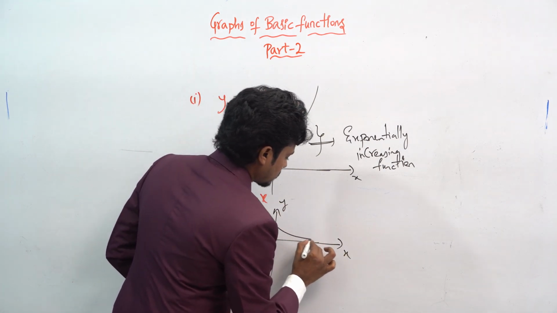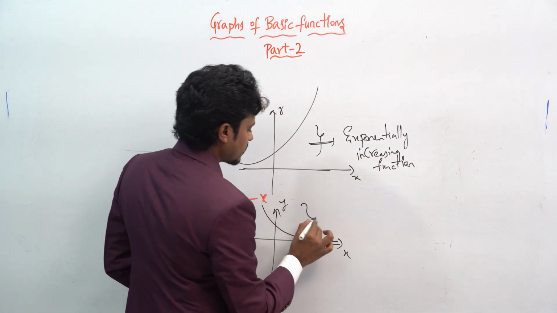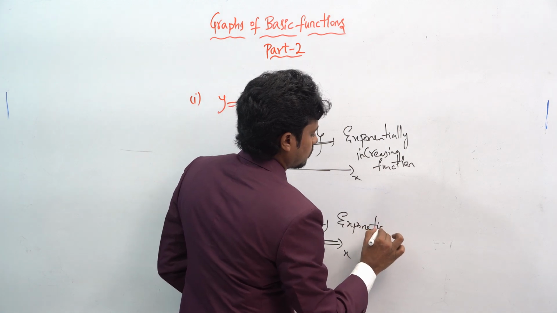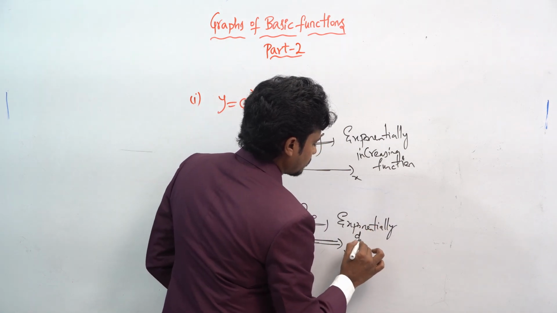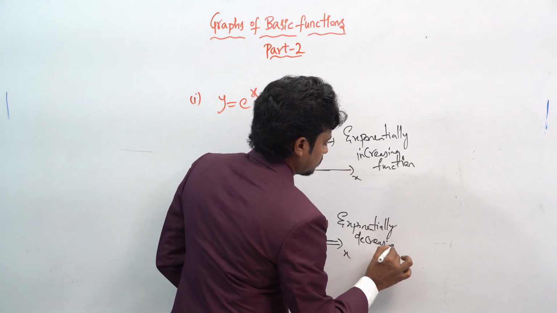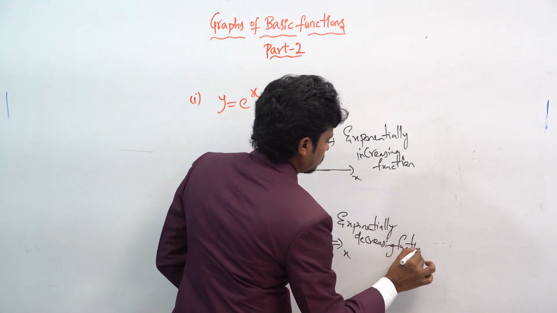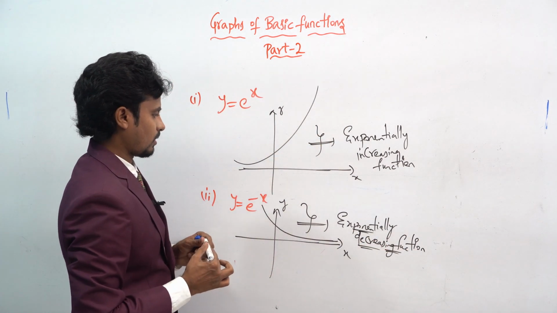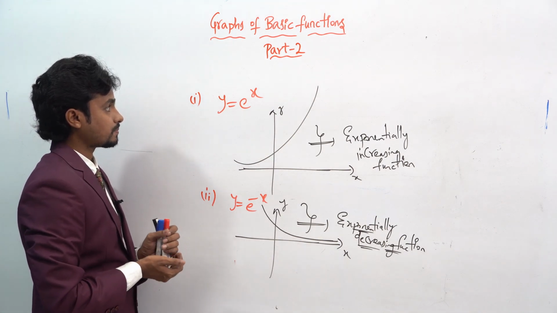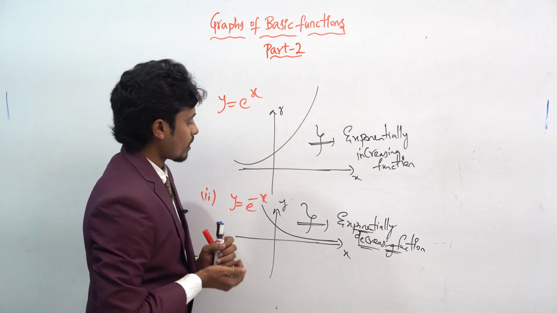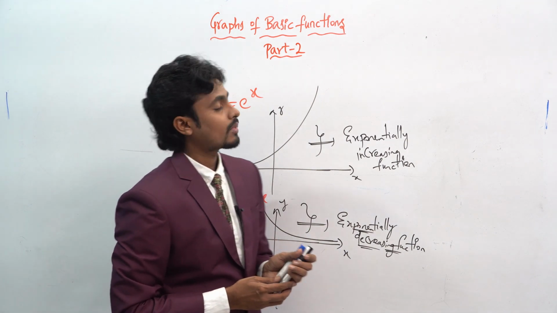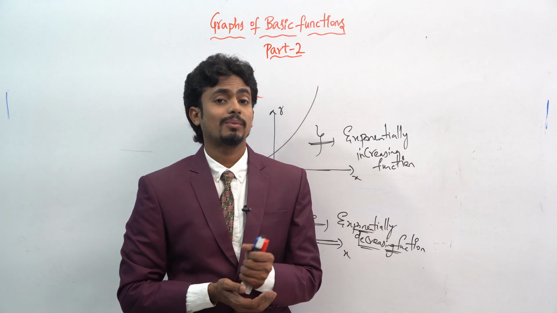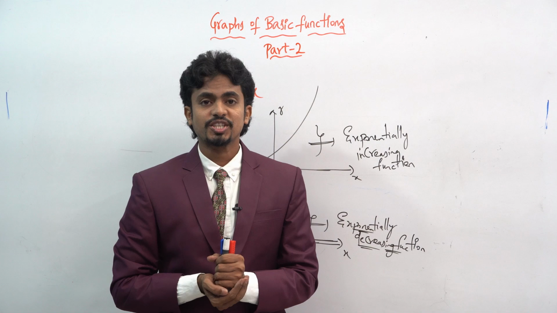The plot will be like this, and hence this will be said to be the exponentially decreasing function. Okay, this was for part 2. Next we will see some more important graphs for the basic functions.